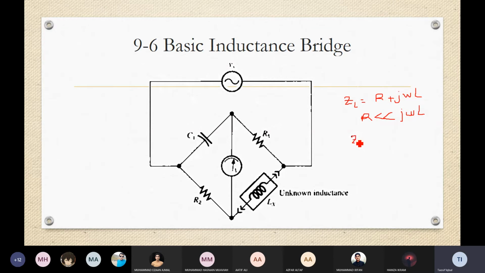Similarly, for the capacitor, we have R plus 1 over j omega C. So if R is very small as compared to 1 over j omega C, then obviously we are going to decide that this resistance is negligible.